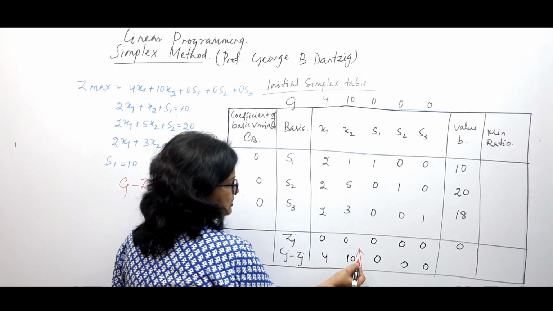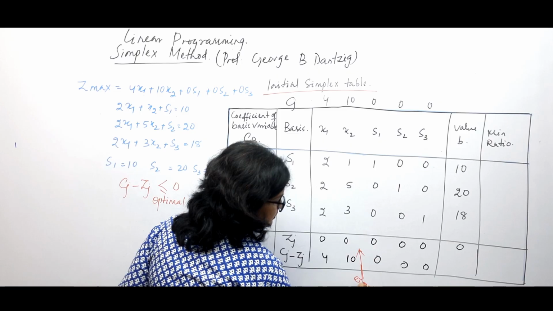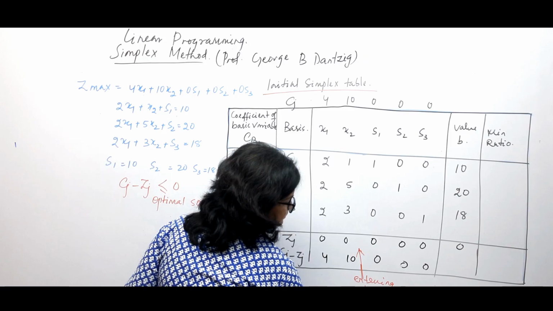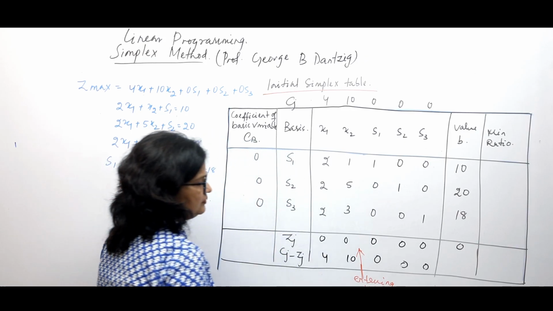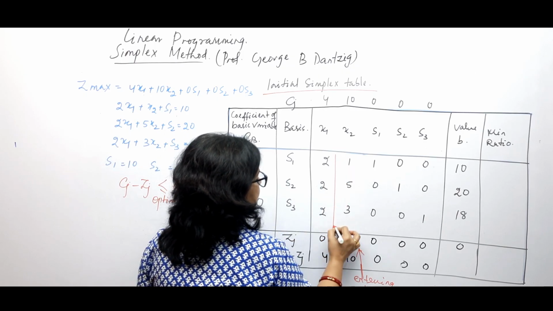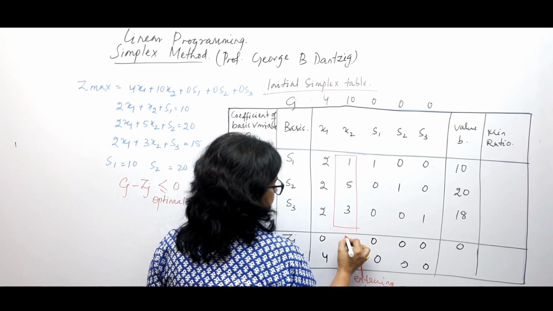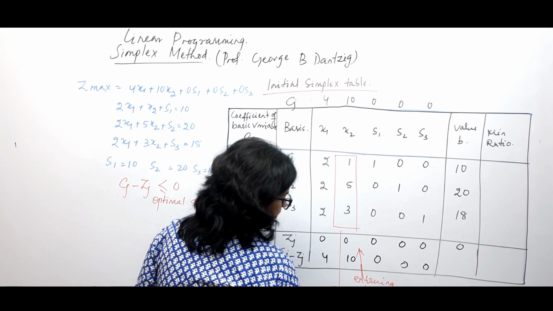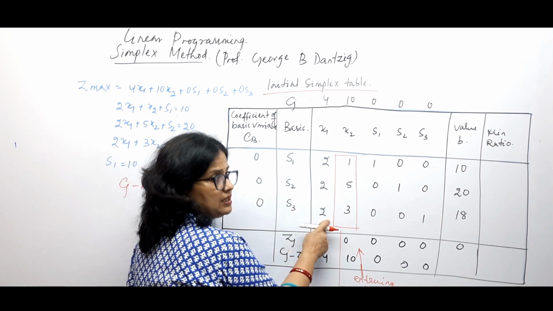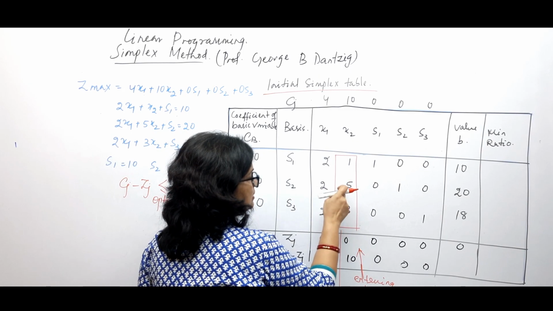So this variable is called the entering variable, and this column is called the key column. This is the entering variable, and this column is the key column.